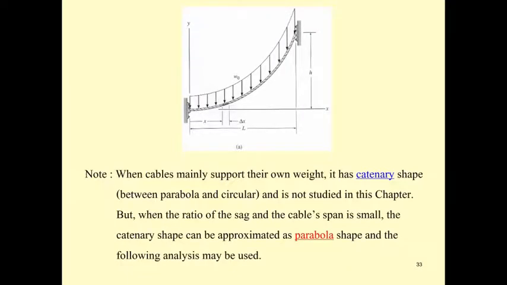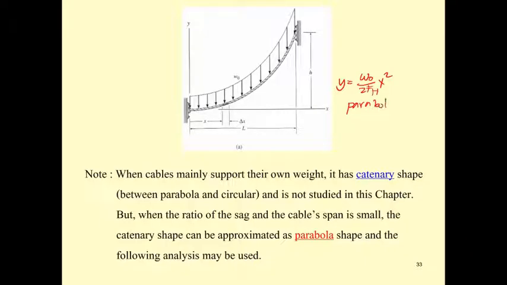Okay, it should be noted one thing: when the cable is supported by a uniformly distributed load, you get the equation of this. This is a kind of parabolic equation.